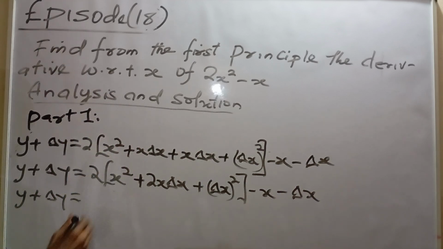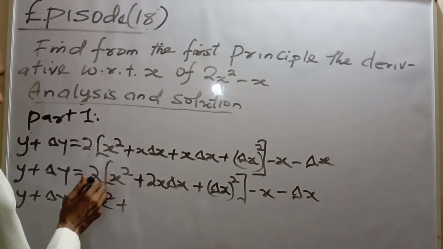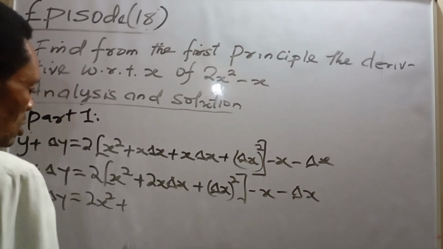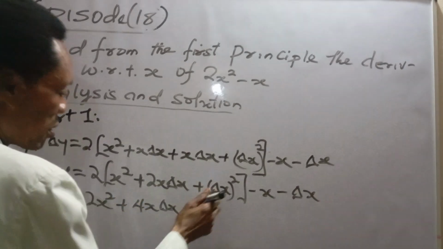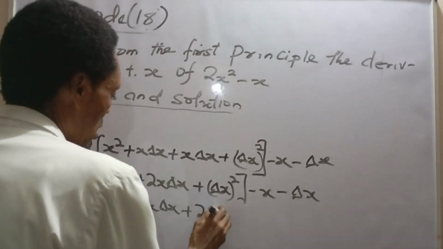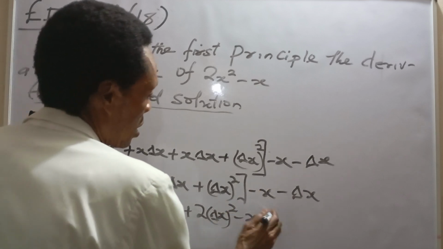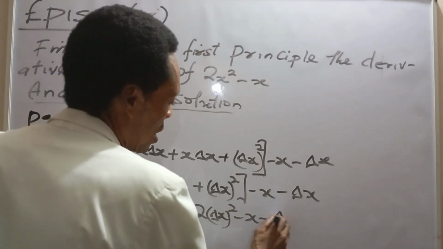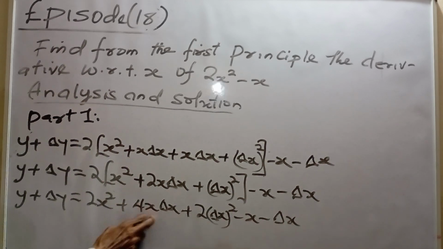So 2 times s squared will give you 2s squared, plus 2 times 2 s delta s will give you 4s delta s. 2 times plus delta s squared will give you plus 2 delta s squared, then minus s minus what? Delta s. Okay, so at this juncture, this is the last line.